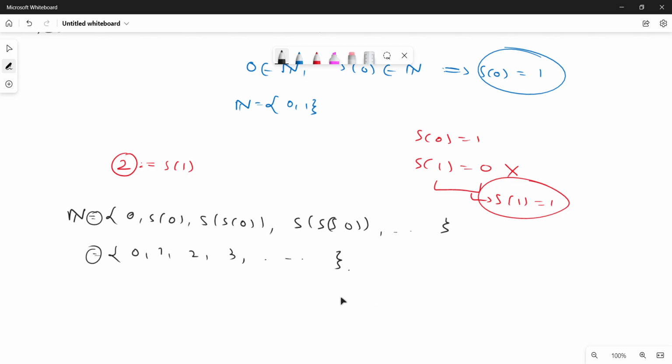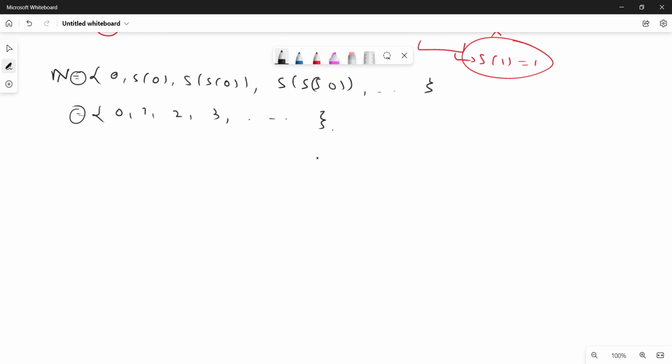Now, is the notion of equality obeyed here? We will come to that later. Now one more axiom we have here is that for all natural numbers x, y, if the successor of x equals the successor of y, then x must be equal to y.